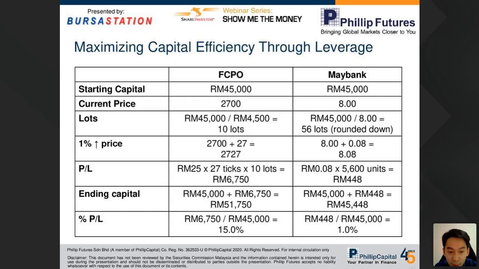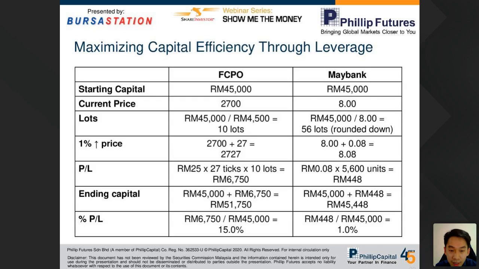So by 1% increase of price, the current price of 2,700 goes to 2,727 for FCPO. And for Maybank stock, it will be 8 ringgit to 8 ringgit and 8 cents. That's a 1% increase in price. So how much profit can we generate from these two investments?